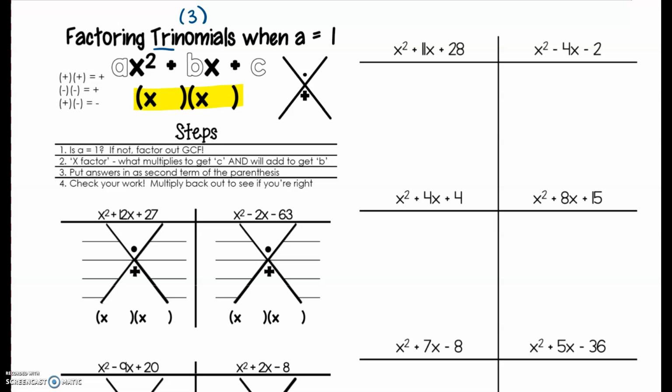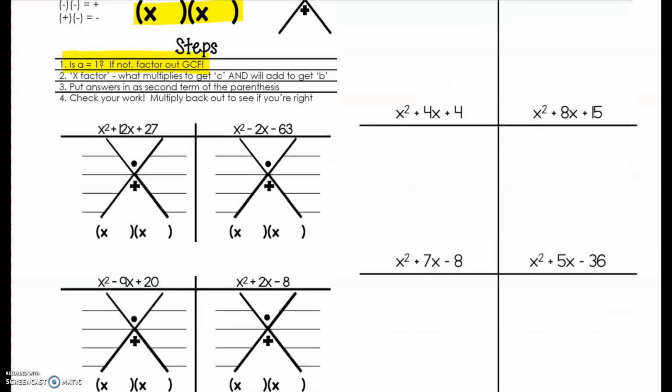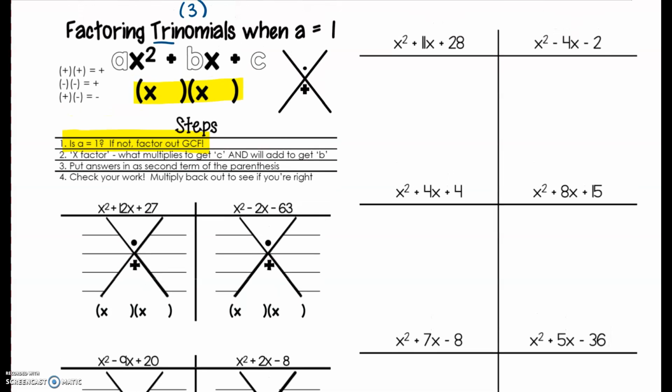So you'll notice the steps here. Step number 1 says, is a equal to 1? If not, factor out a GCF. In this case, there are very few, if any, where we are going to have to factor out a GCF. I am just going to focus on the basics, so we're not going to have to worry about step 1 this week. Step 2 is the X factor, and this is the key part to factoring these expressions.